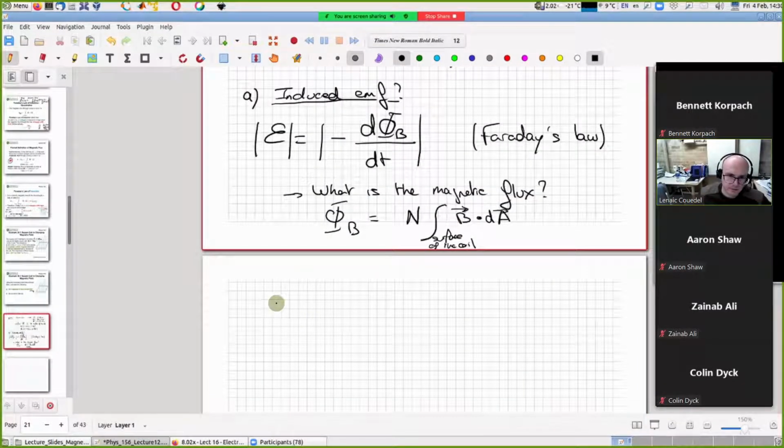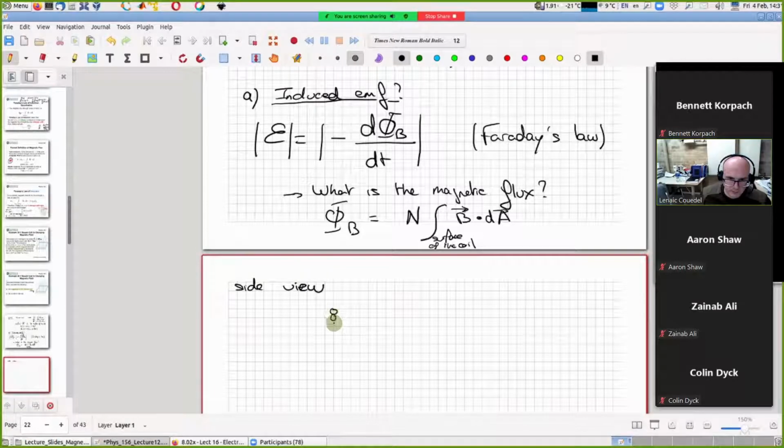So if I look from the side, side view, I can see my coil. It's probably something like that. The surface I can define here, so my n hat will be like that.